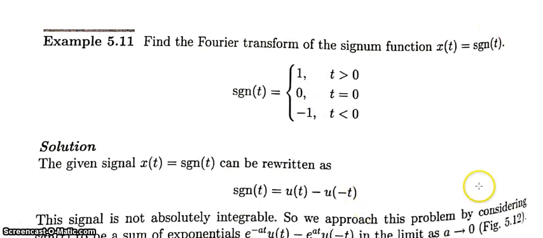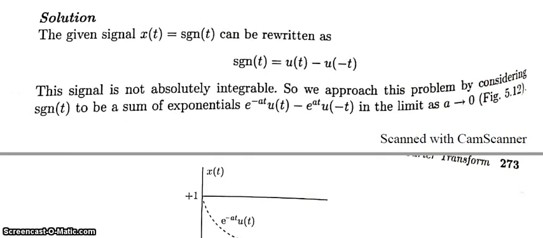Okay. Next, this signal, the unit step function, is not absolutely integrable. Therefore, we approach this problem by considering the signum to be the sum of exponentials, that is e raised to minus at u of t minus e raised to at into u of minus t, and the limit is that a tends to 0.